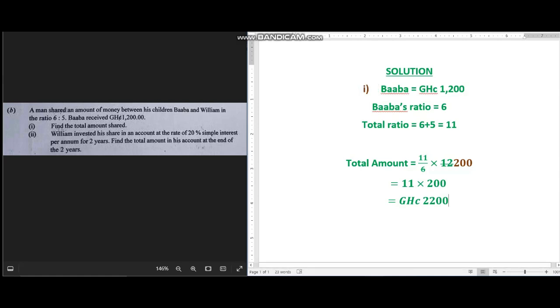Then let's go to the second part. The second part says that William invested his share. We don't know William's share, so what we are going to do is look for William's share. We do the same thing.